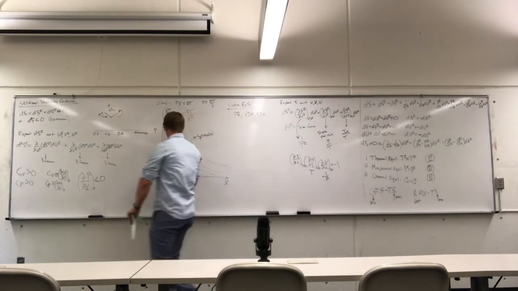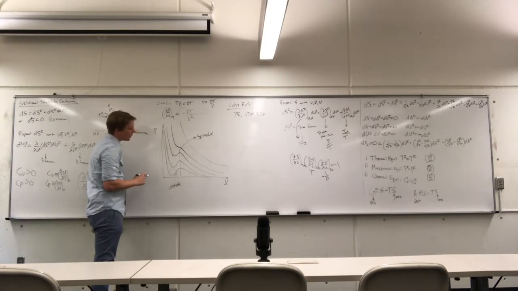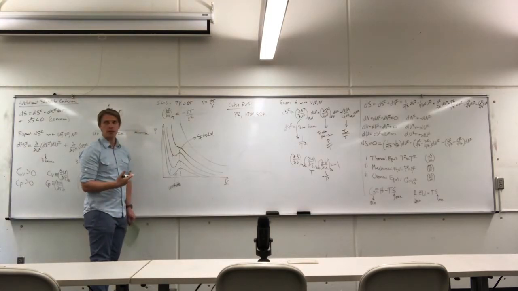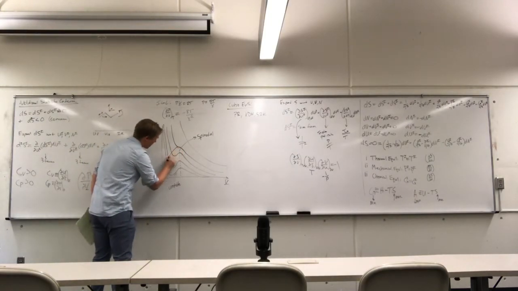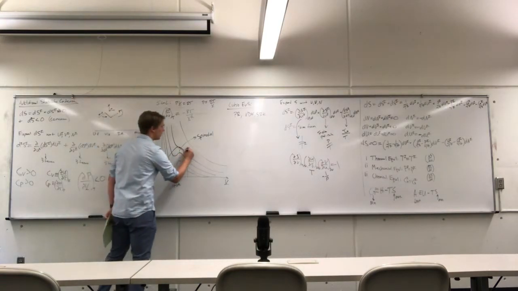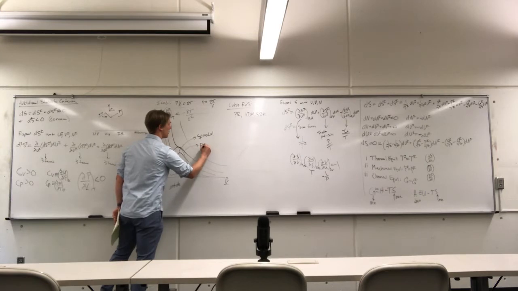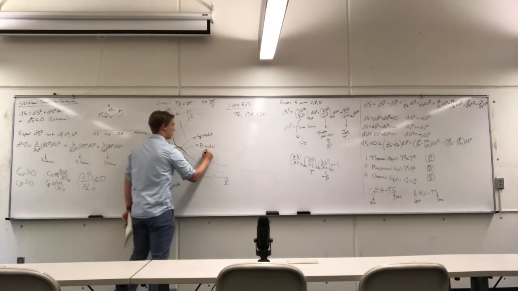Now what we're going to be talking about on Friday is how we can use the cubic equation of state to predict vapor-liquid phase equilibrium. There's another region that is bound by a cubic equation of state. And we'll talk about how we define this line called the binodal. This is the phase coexistence curve.